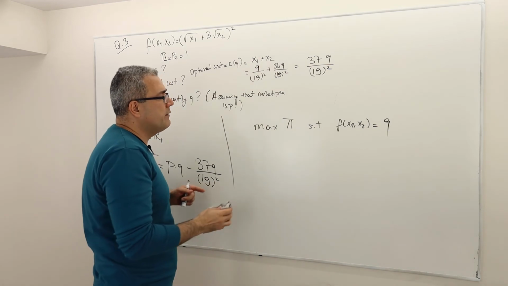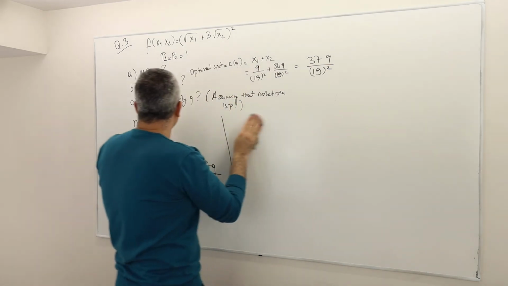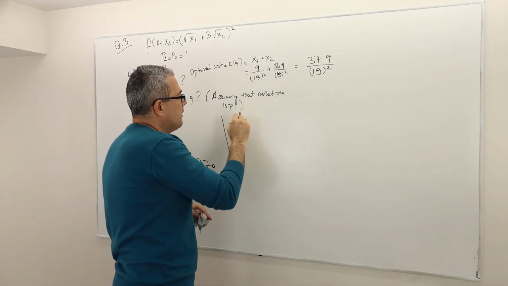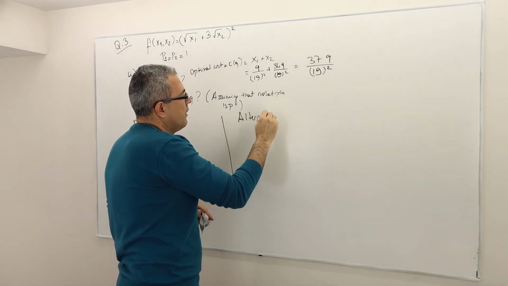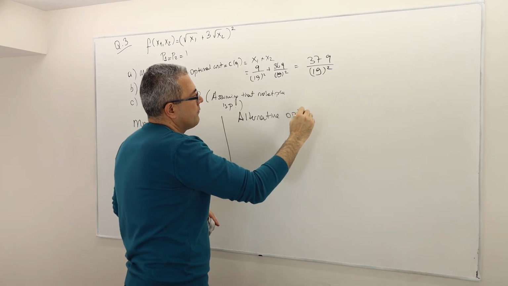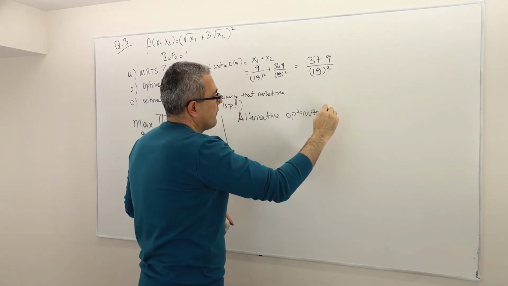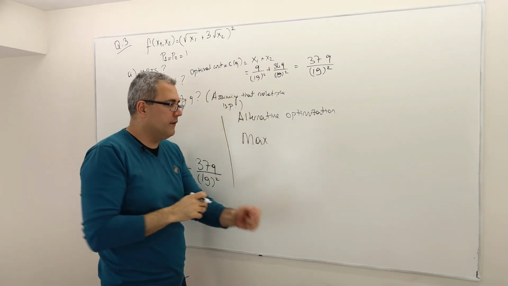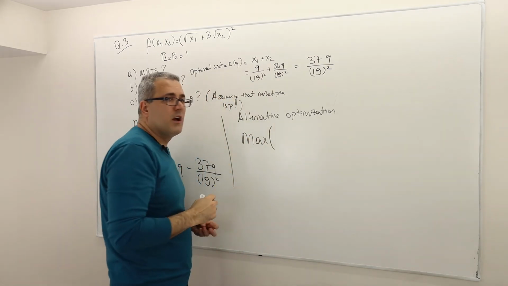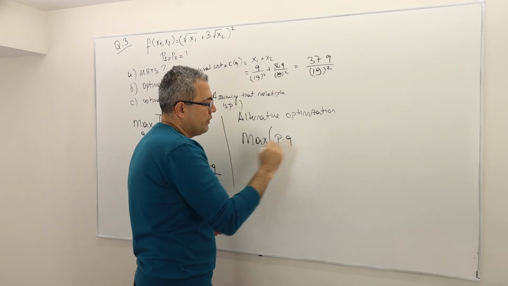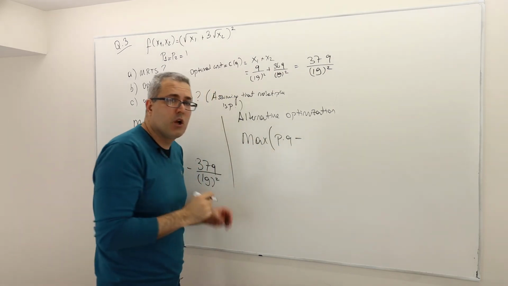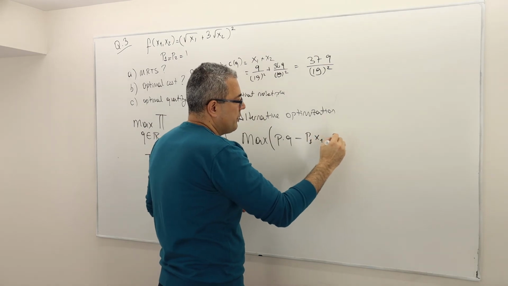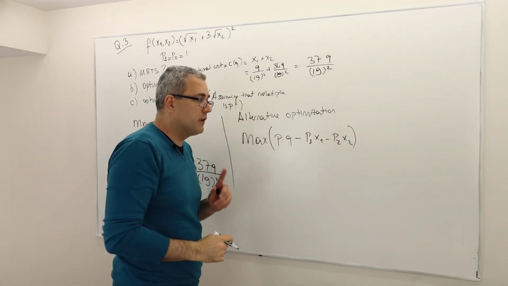Alternatively, you can solve this quantity by solving the following alternative optimization problem. Maximize profit, but the profit is what? Profit is equal to P times Q, right? The revenue, minus cost, which is P1 x1 plus P2 x2, all right?